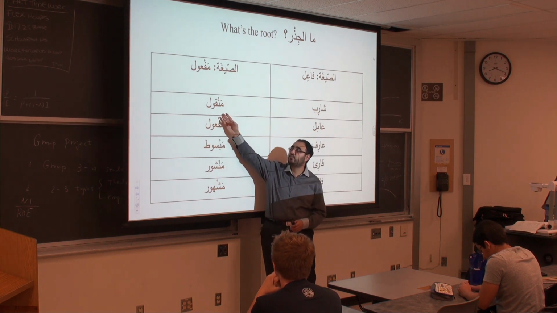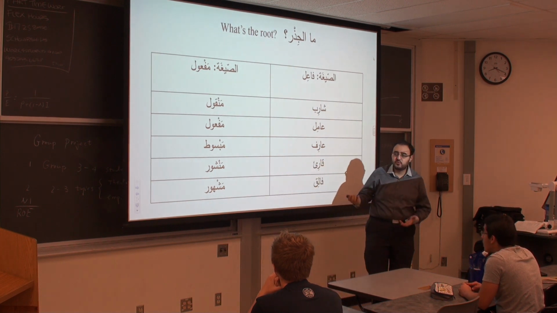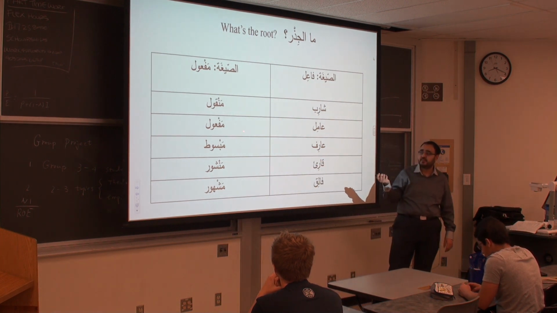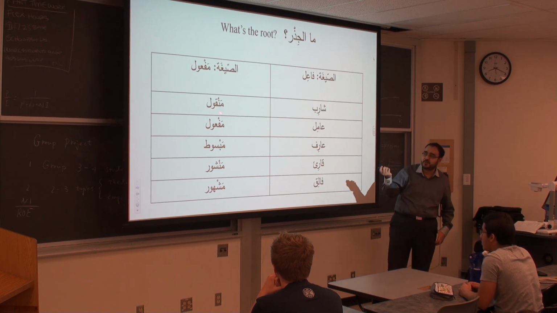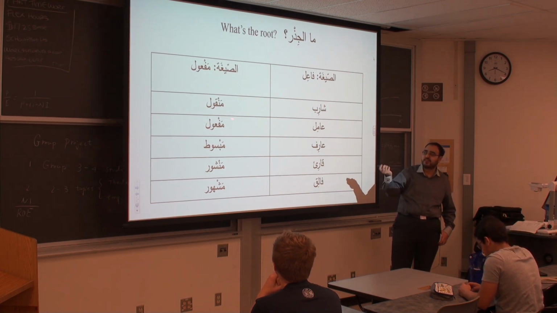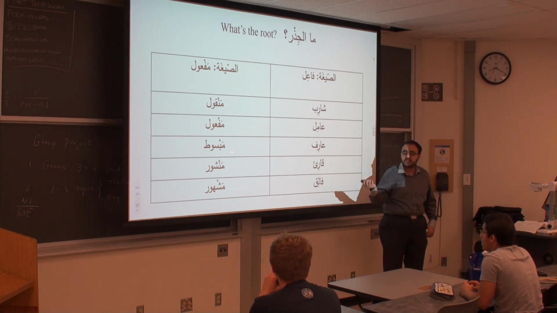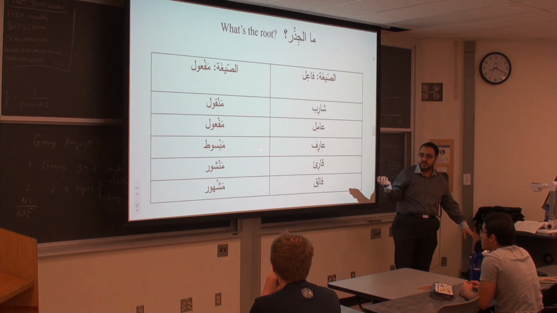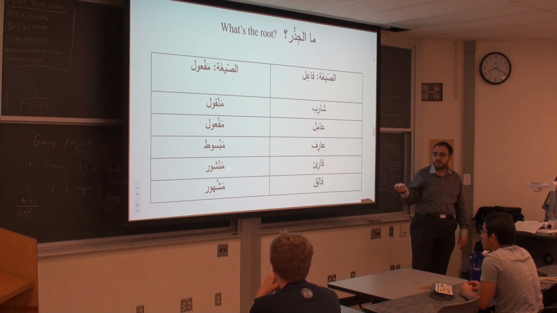So in this case, the root will be, first case, nun qaf lam. Second case, fa ayn lam, which is the same case. In this case, the word is the same as the pattern. This one it will be ba sin ta, exactly. This one nun shin ra.